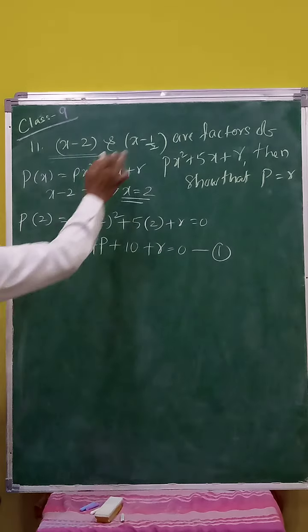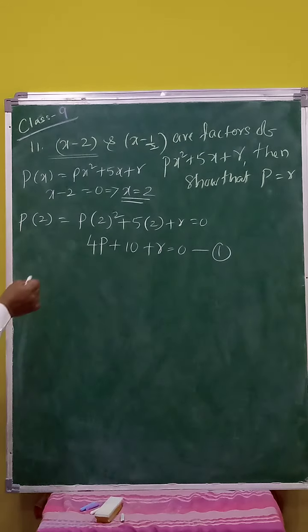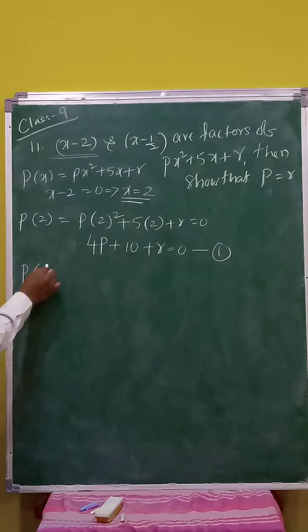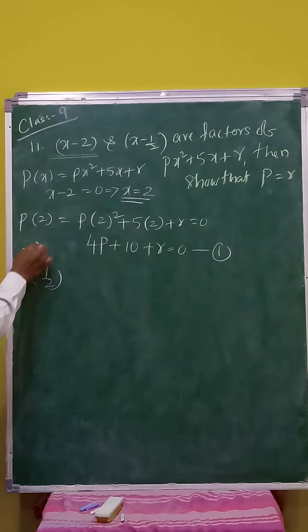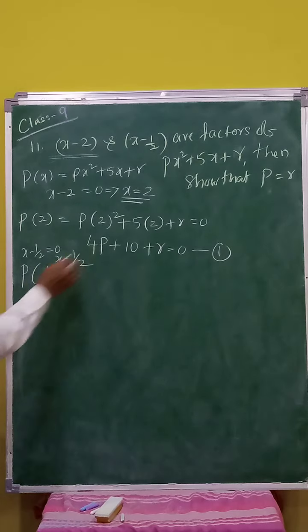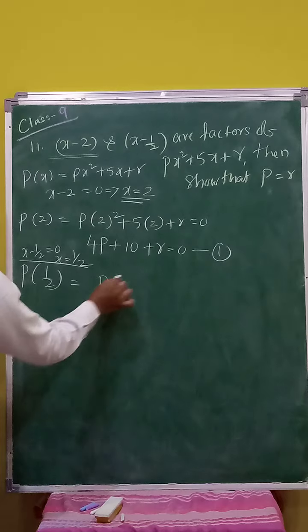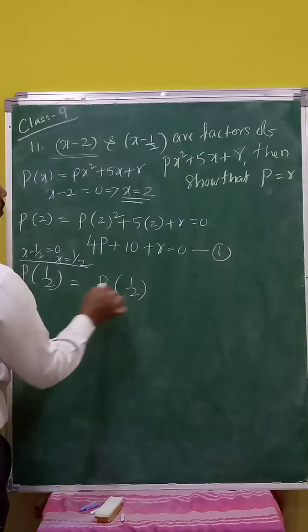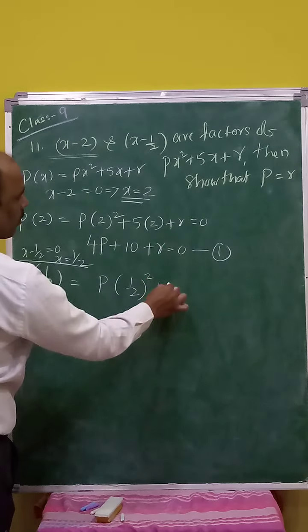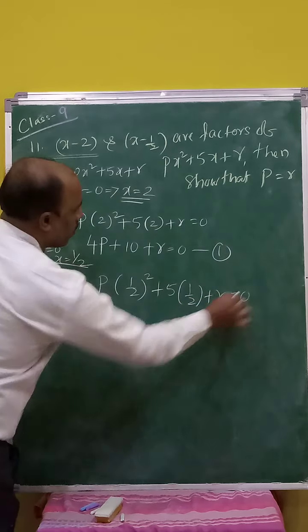Now come to the second one. X minus 1 by 2 is a factor of the same polynomial again. That is p of 1 by 2. That is x minus 1 by 2 is equal to 0, then x is equal to 1 by 2. Apply the same value here. P into 1 by 2 whole square plus 5 into 1 by 2 plus r is equal to 0.